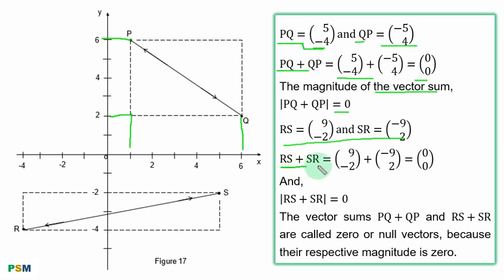If you take their addition, it is also equal to the zero vector, and their magnitude is equal to 0. The vector sums PQ plus QP and arrow S plus S arrow are called zero or null vectors because their respective magnitude is 0.